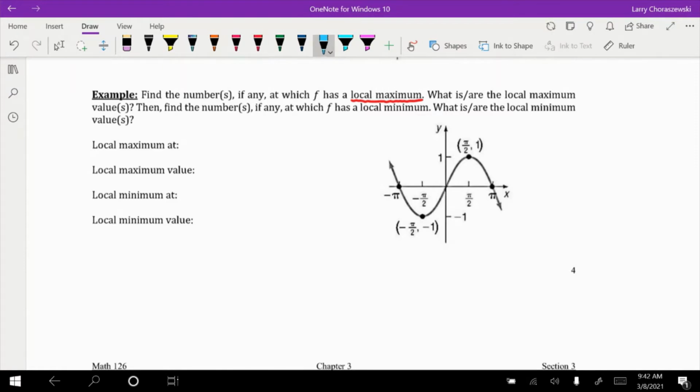And then they want us to see if this graph has any local minimums, in addition to what those values are. Now, notice that they're not asking for absolute maximum or absolute minimum. Does anybody have a suspicion as to why they're not asking for absolutes this time, just based on how this graph looks?